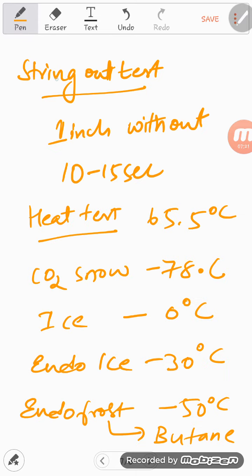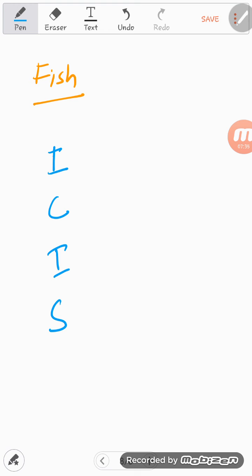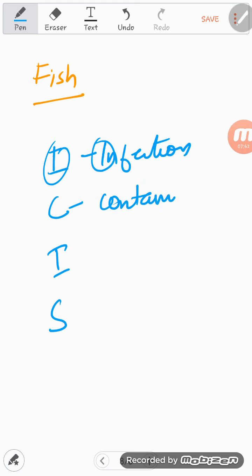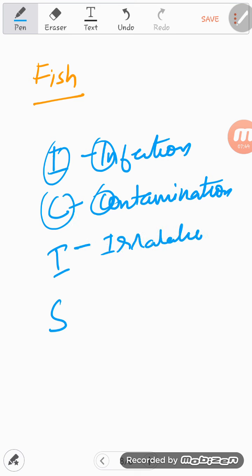Okay, coming to the Fish zones. I hope you know about these Fish zones. The easy way to remember these Fish zones is very simple. That is ICIS. Zone of infection, I. Zone of contamination, C. Zone of irritation, I, and zone of stimulation, S, right?